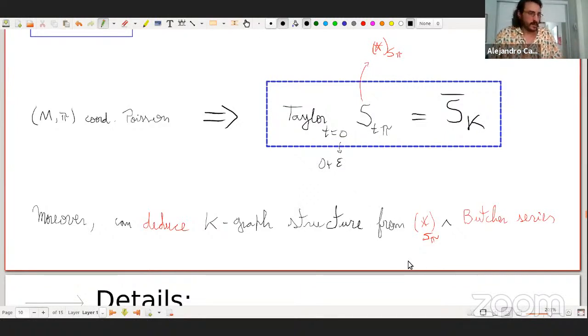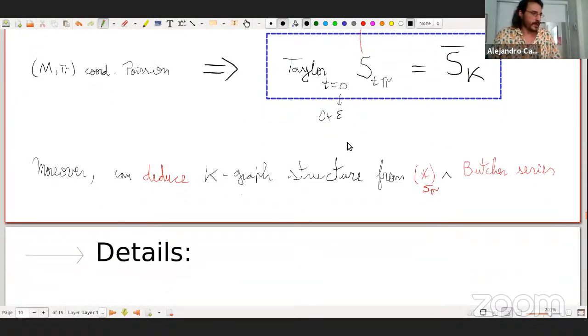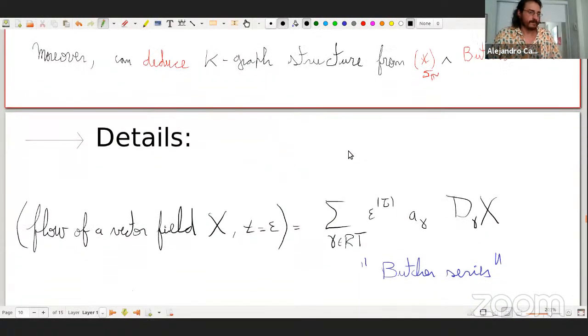So let me tell you just very quickly a couple of things. Butcher series is a tool in the study of ODEs. For example, if you have a vector field in Rn and you think of its flow, where the time parameter is now formal, so you do a formal Taylor expansion of the flow.